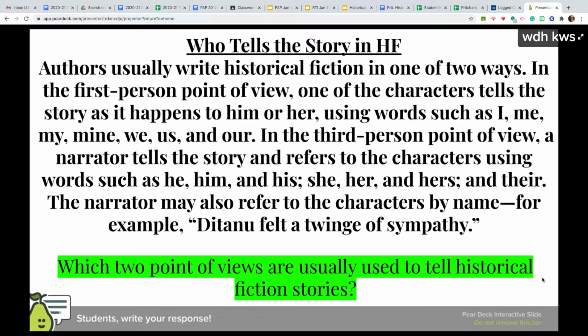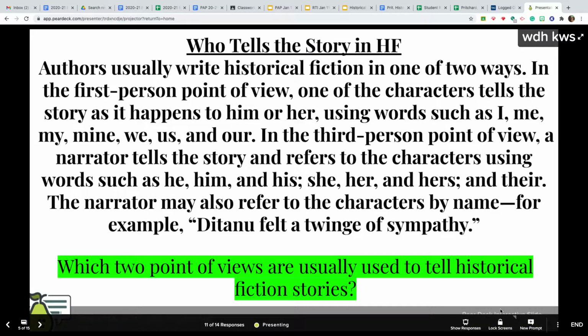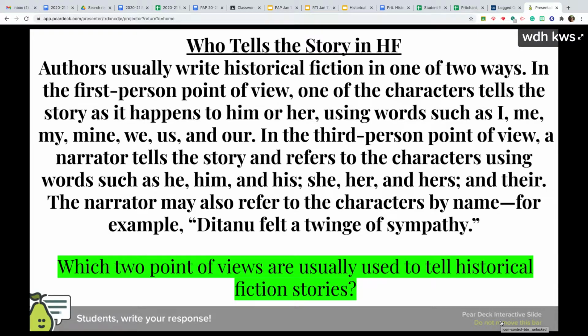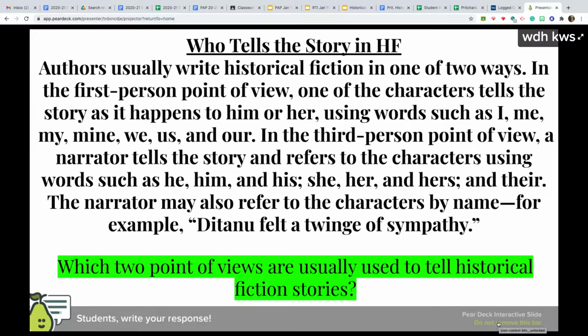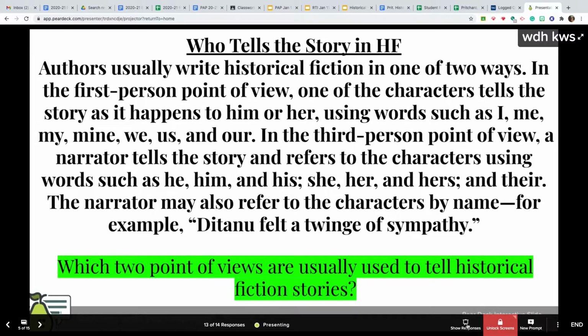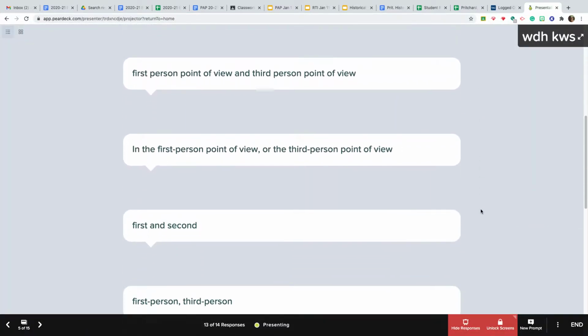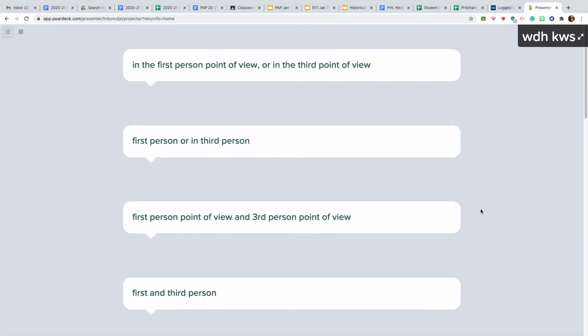Remember, you're typing two different points of view. Okay, first person or third person is the correct answer.